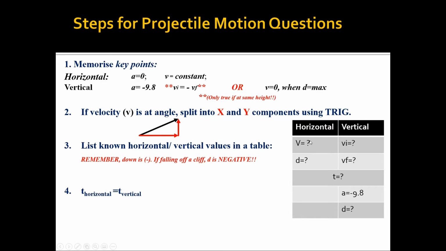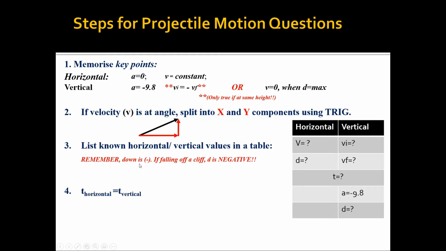In other words, in the horizontal you only have 3 parts, and for the vertical you'll always have 5 parts. Another thing that's interesting to note is that the time required for the horizontal motion is equal to the time for the vertical motion. We can see how this will be very useful for solving problems at a later point.